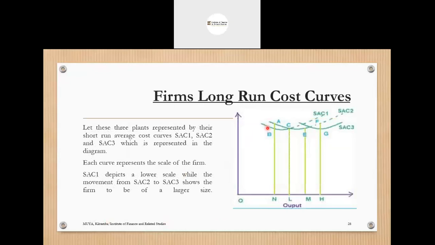We've got several short-run situations, SAC1, SAC2, and SAC3. A firm will produce up to a certain level until cost starts falling, and when cost starts going down, the firm will move to the next. Each curve represents a firm of a particular size.